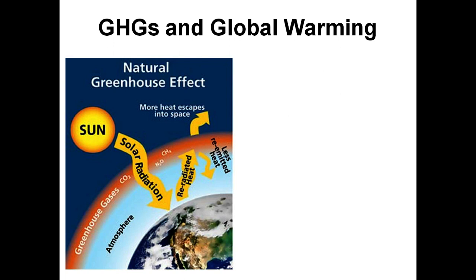Basically, we know that we are receiving a lot of energy and heat from the sun through solar radiation, and some of that heat is re-radiated from the surface of the earth, but there's a layer of greenhouse gases such as carbon dioxide, nitrous oxide, and ammonia, and that layer acts as a reflector and traps some of that heat, so we can maintain the temperature of the planet in a favorable range to support life.